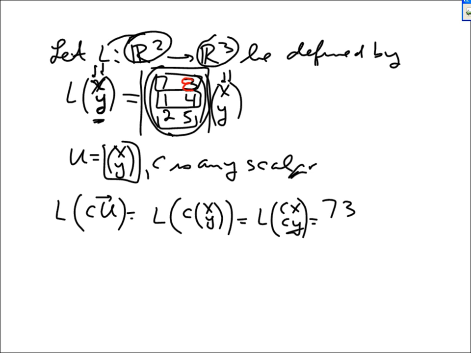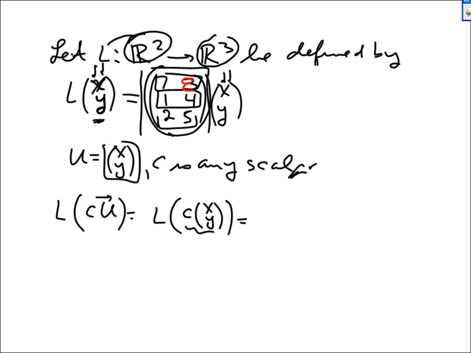Whether it's a 3 or an 8 doesn't matter. I don't even want to say this middle step, that c times xy is cx cy. I can do the proof saying it, but it's not necessary.